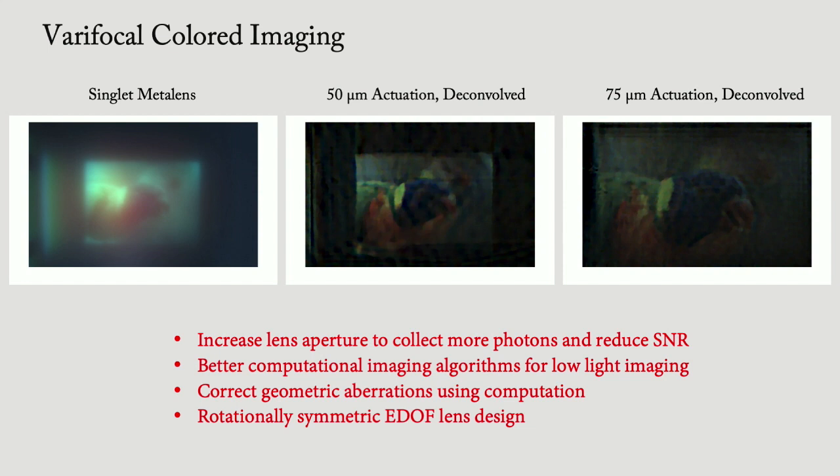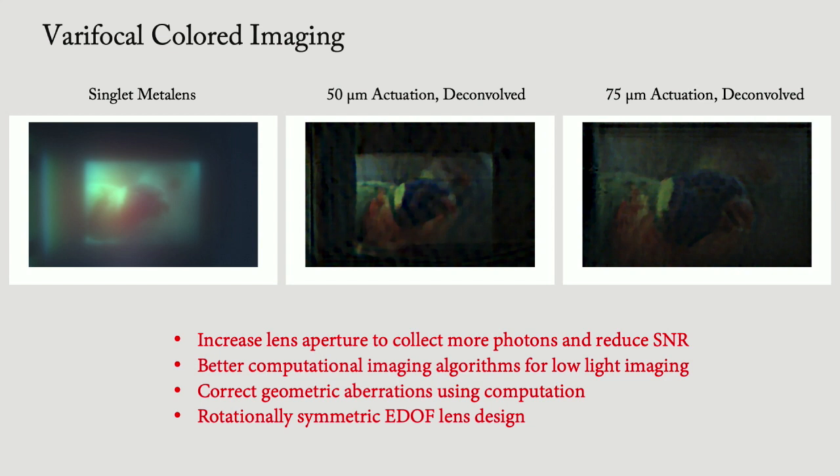So we can solve this geometric aberration either using computation or using two metasurfaces, which is some of the work that came out from the metasurface community. And also you can see there's some streaking going on, and that's coming from the fact that our PSF is rotationally asymmetric. So we have designed some rotationally symmetric EDOF lenses. Now we're going to test and see how they look.